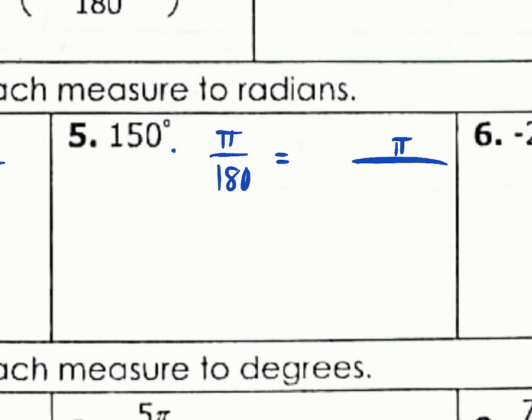And we're going to focus on 150 over 180. What do you get? 5 over 6. So what's it going to be in radians? 5 pi, not r, sorry. 5 pi over 6. Done.